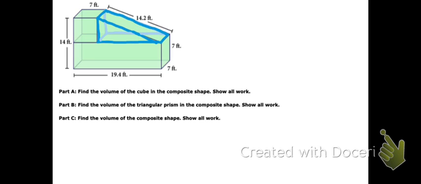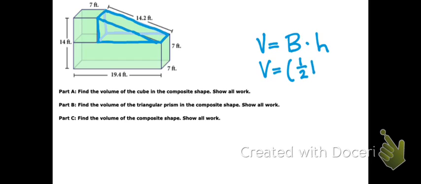Now, the volume of a prism is always the area of that base times the height. And in this case, the base is a triangle, and the area of a triangle is 1/2 base times height of that triangle. And we're going to multiply that by the height of the prism.